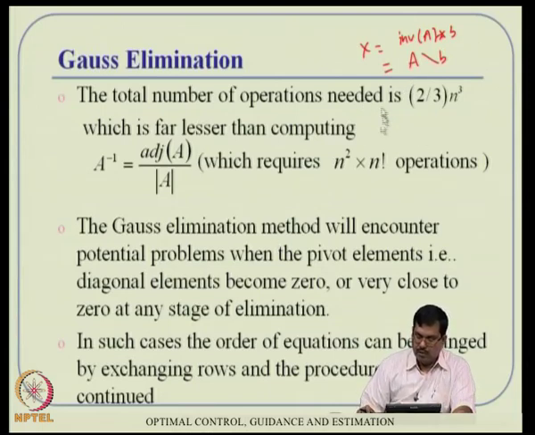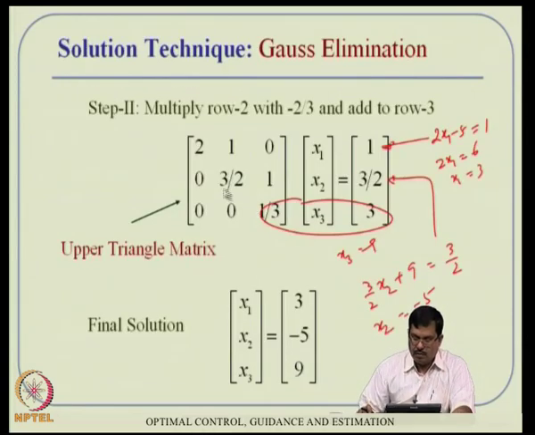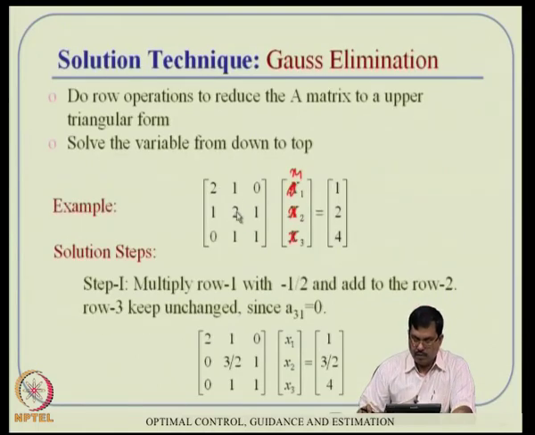All is well here, but see some problems. What is the first problem? The Gauss elimination method will also encounter problems if the pivotal element happens to be 0. I mean, one of the diagonal elements becomes 0. Suppose if you do this exercise and this happens to be 0.